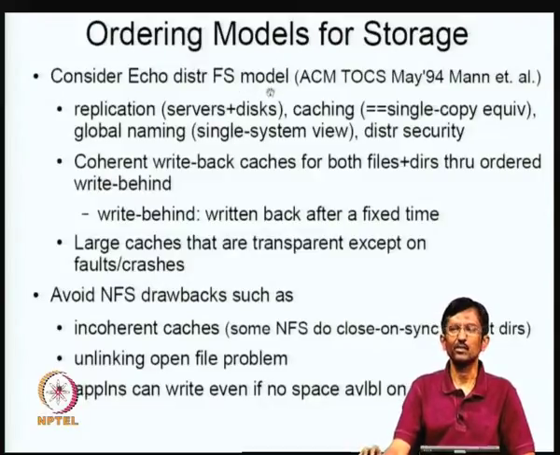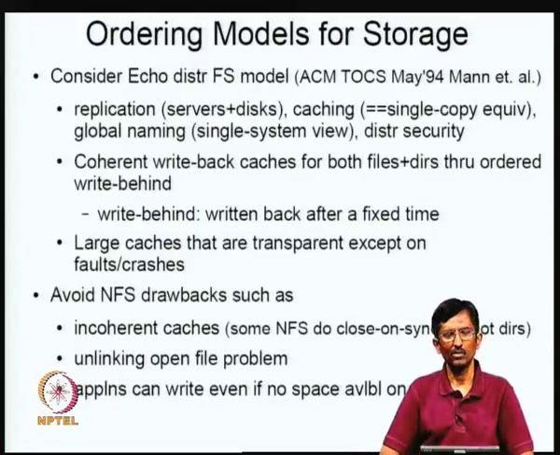So, now let us take an example of a different type of file system, the Coda distributed file system that tries to give you good semantics, as close as possible to Unix semantics, POSIX semantics. As I mentioned, the clustering kind of file systems are essentially the same as the distributed file systems which give you POSIX semantics.